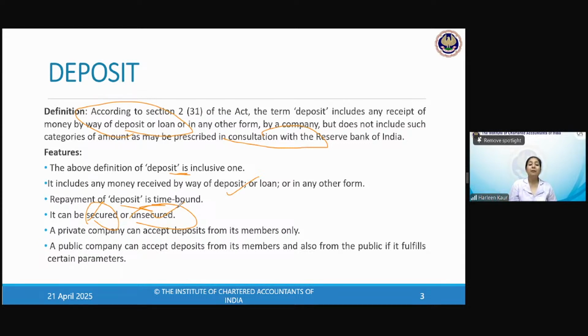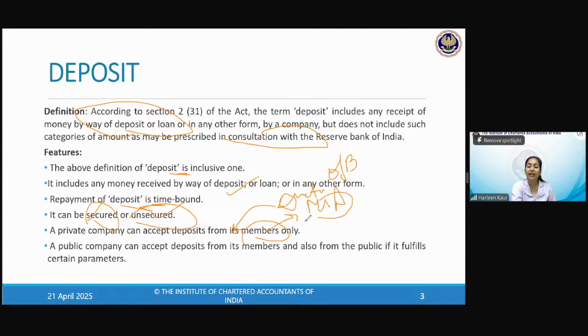A private company can accept deposits from its members only. Can't we accept the deposits from anybody else? There is Mr. A, who is a friend of Mr. B, and B is a director of a private company.